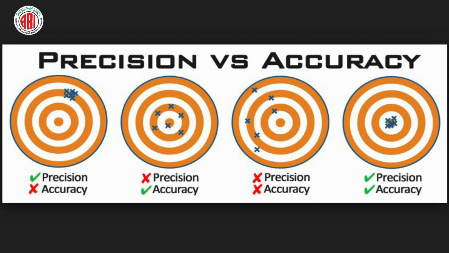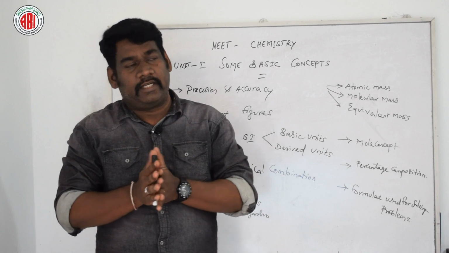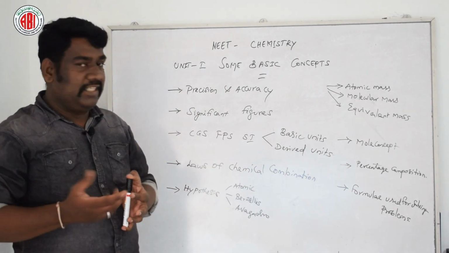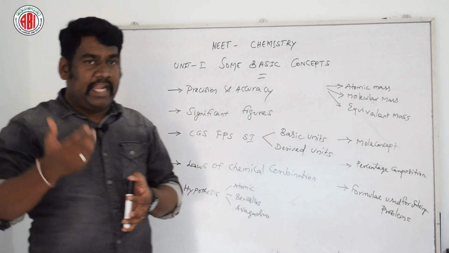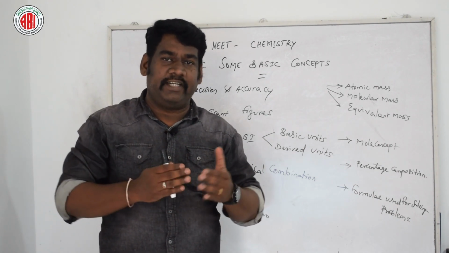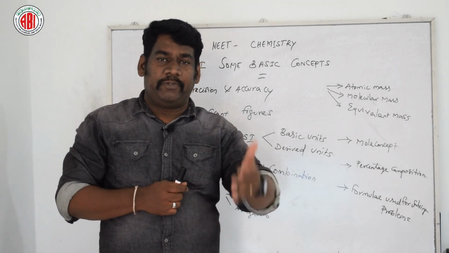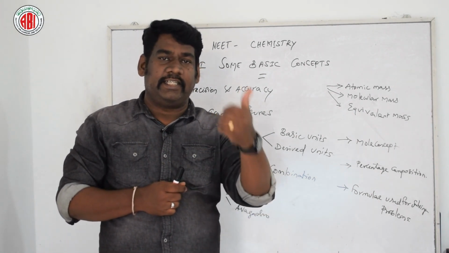Precision is the closeness of the set of values obtained from identical measurements. For example, take a calibration from a thermometer with a range in degrees Celsius from 30 to 40, in between 31, 32, 33 degrees Celsius.